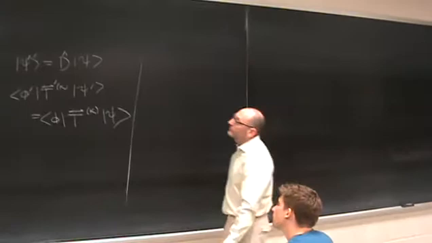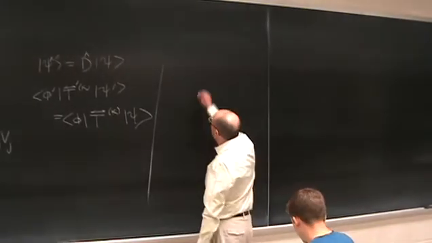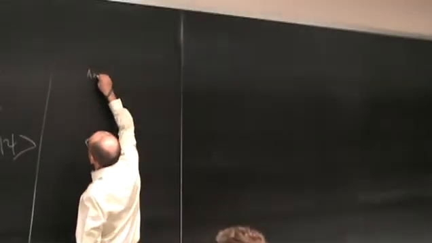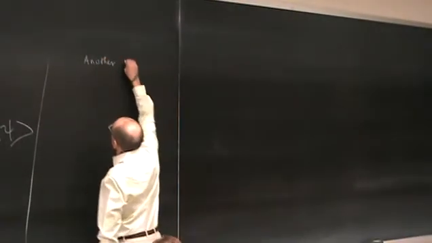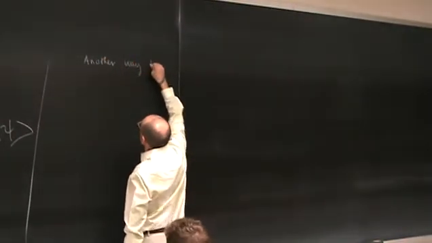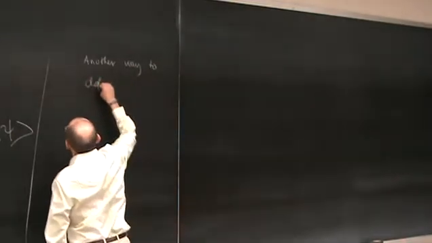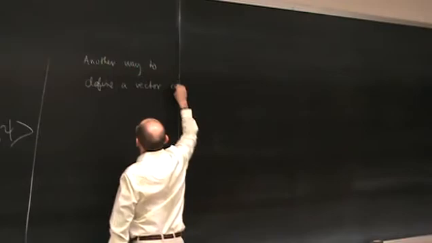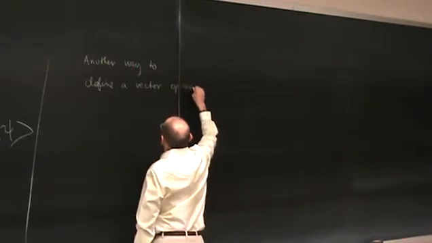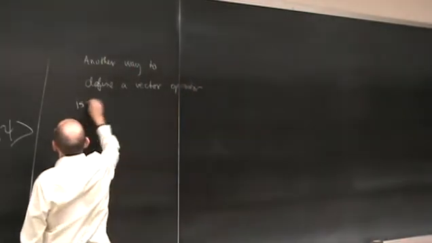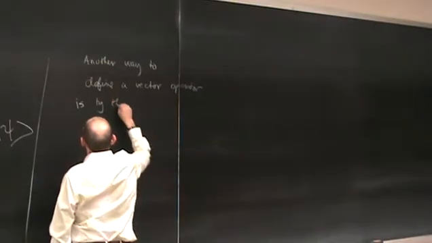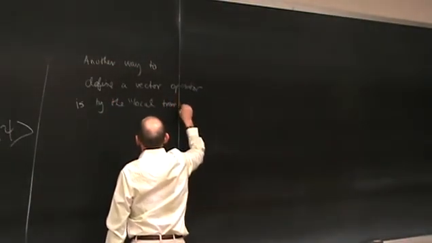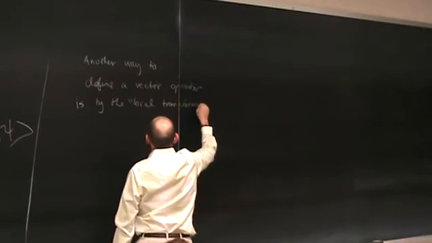So another way of defining a vector operator is by the local transformation for near identity.